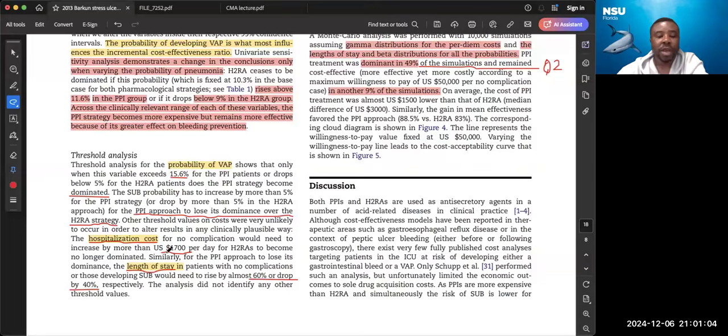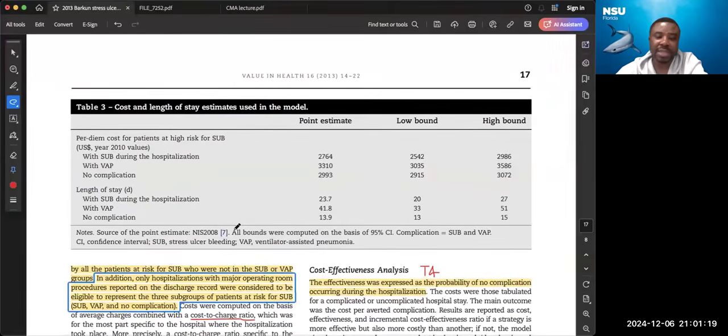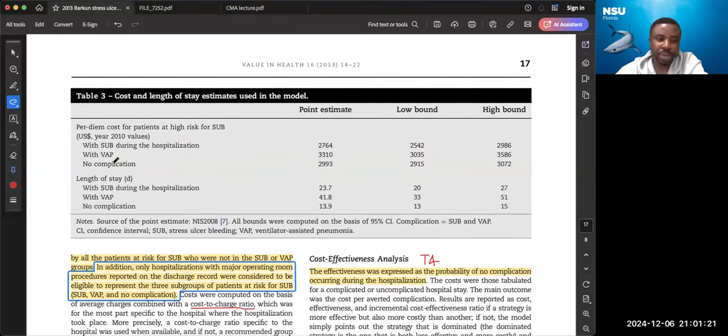So another sensitive variable is the cost per day of the hospitalization of no complication. Remember that the cost per day of the hospitalization was this here.